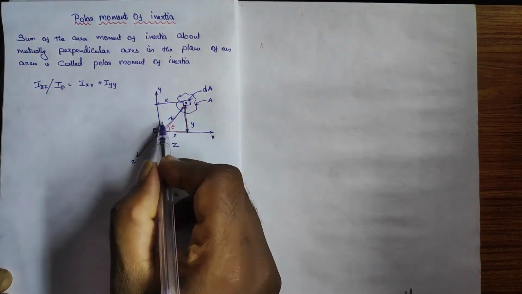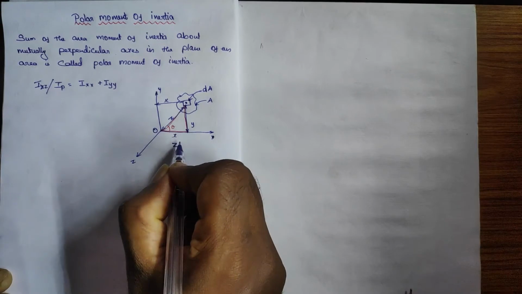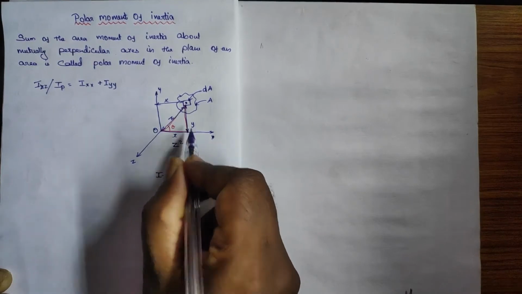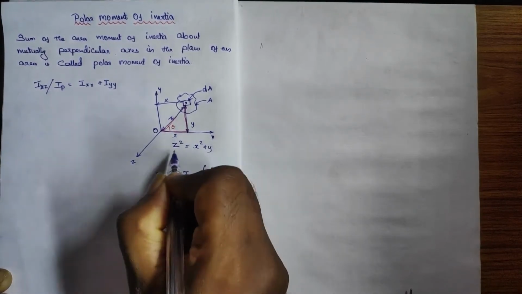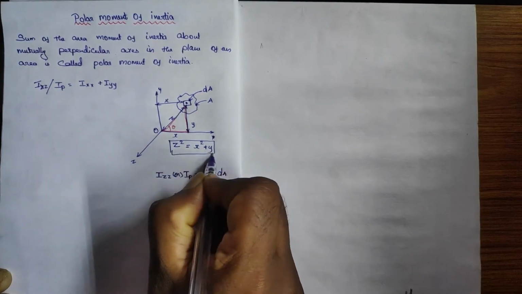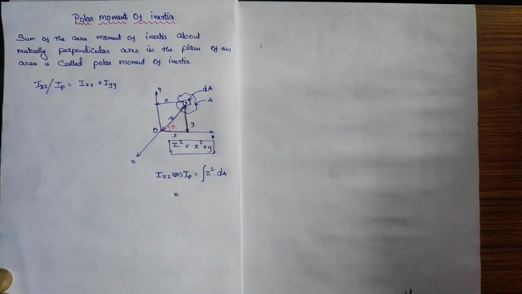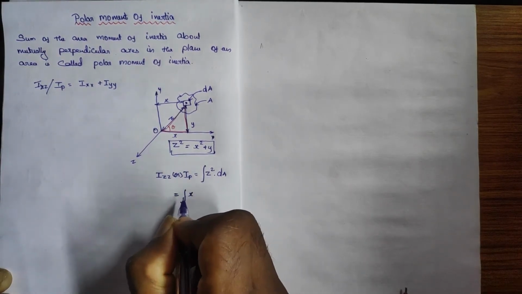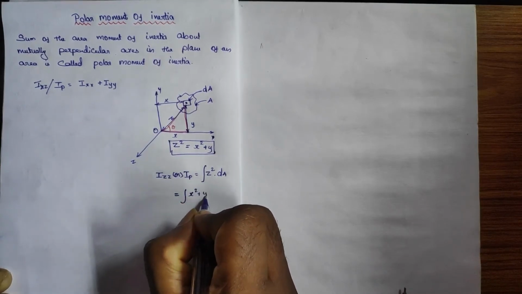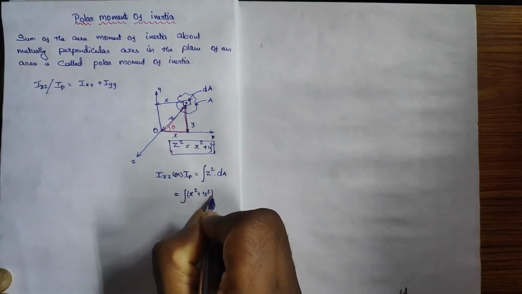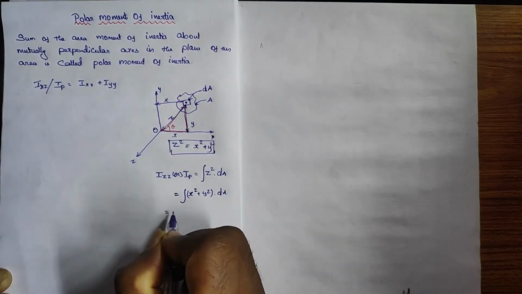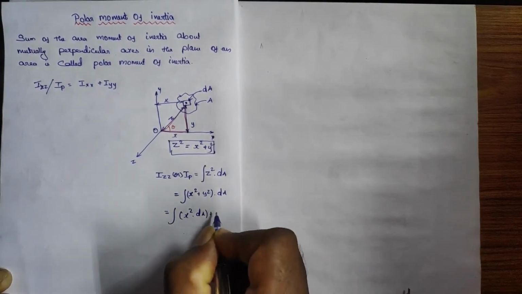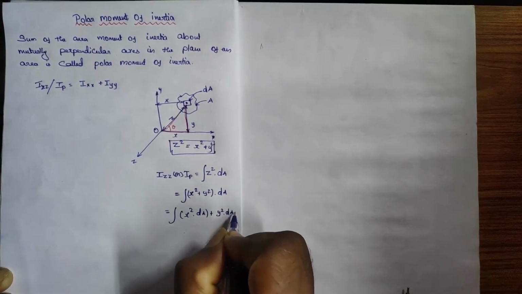As per the Pythagoras theorem, for this triangle, z square is equal to x square plus y square. So I put the integral of x square plus y square into dA in place of z square. Again, on simplification, it becomes x square into dA plus y square into dA.